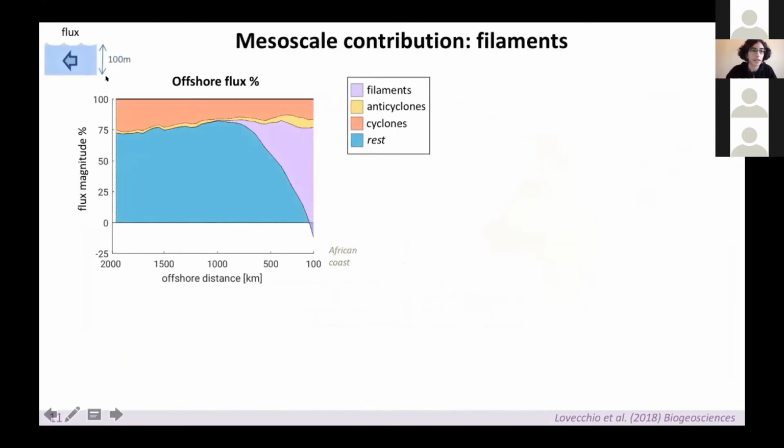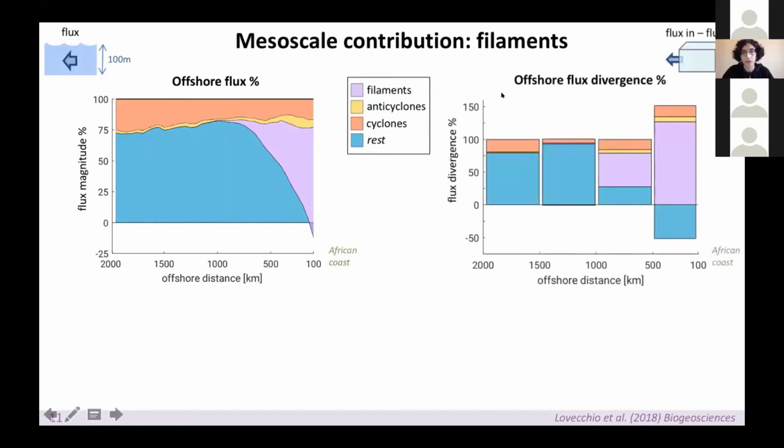So imagine this is the total offshore flux. There are some components that can actually go onshore, and so they will have a negative contribution to the total flux. And I also decomposed what I showed you before, so the divergent, how much organic carbon is released in each of those offshore domains that we discussed before by each type of structure.